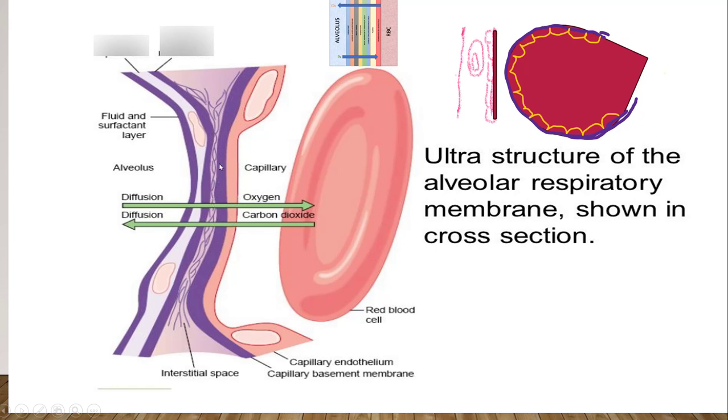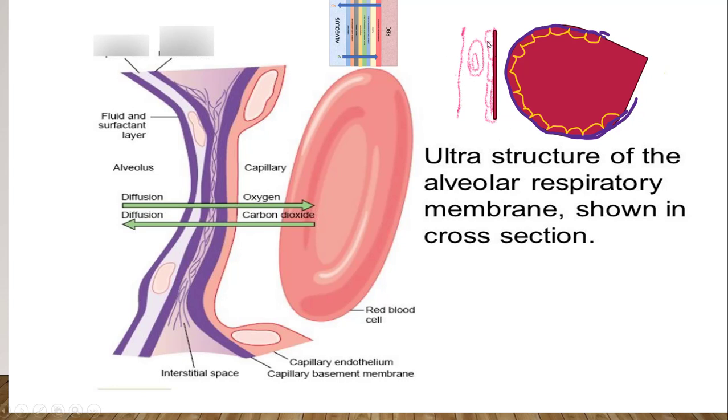This is the capillary endothelial lining, single layer, the basement membrane, the interstitial space, the basement membrane of the alveoli, the epithelial lining of the alveoli, and the surfactant, the fluid which is present in the alveoli, and gases. So this is the ultrastructure of the alveolar respiratory membrane.